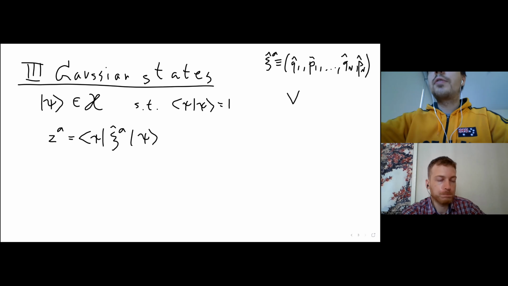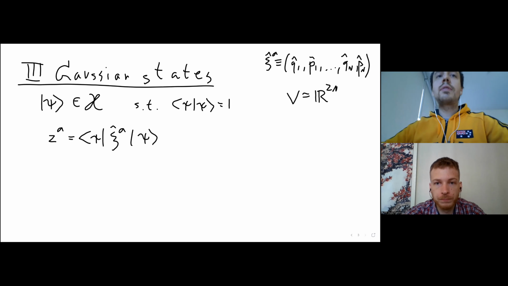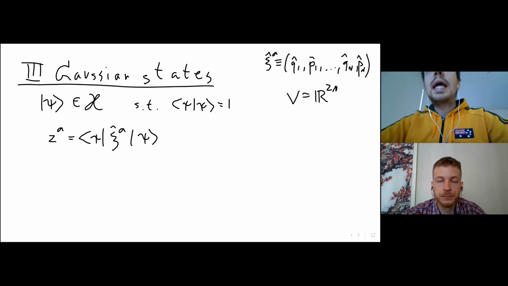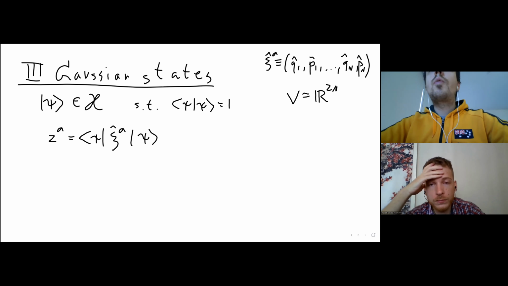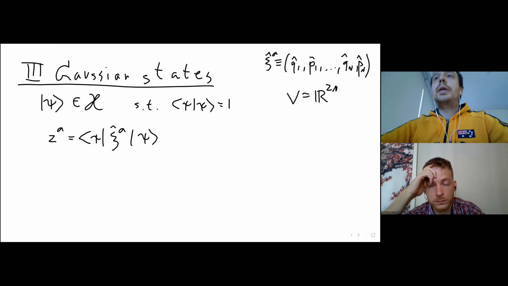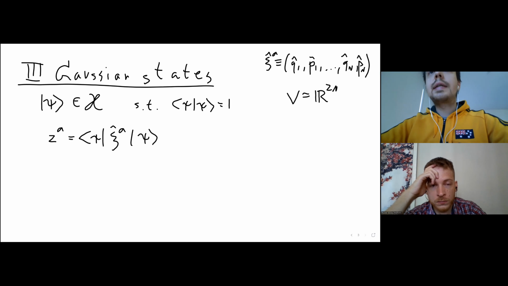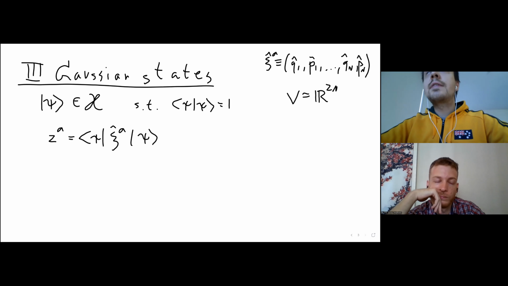Now, we have that V is isomorphic to R to the 2n, and you can think of Z_A as describing the expectation values of all the linear observables of the Qs and Ps. And we require that this is equal to 0, because we will focus on Gaussian states that are centered at the origin.